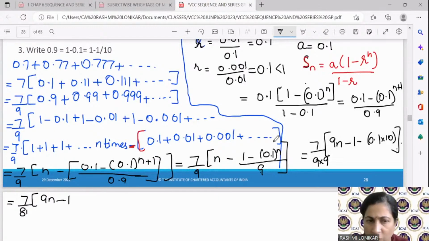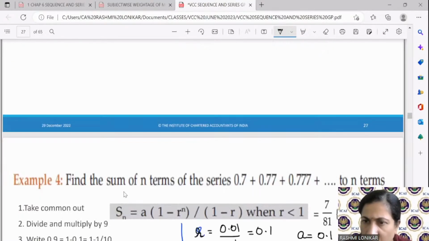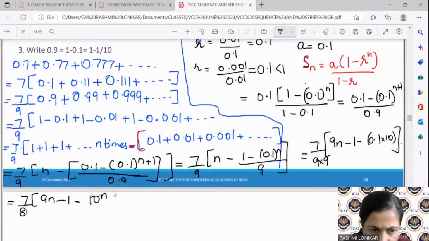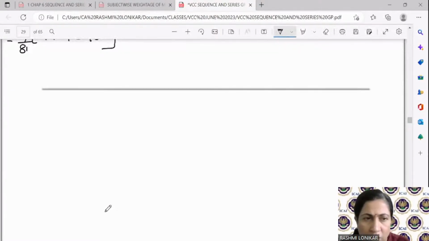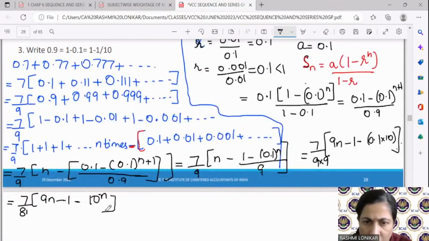This will be equal to minus 10 raised to n minus 10. Okay, this will be minus 10. So this is how you have to solve it.